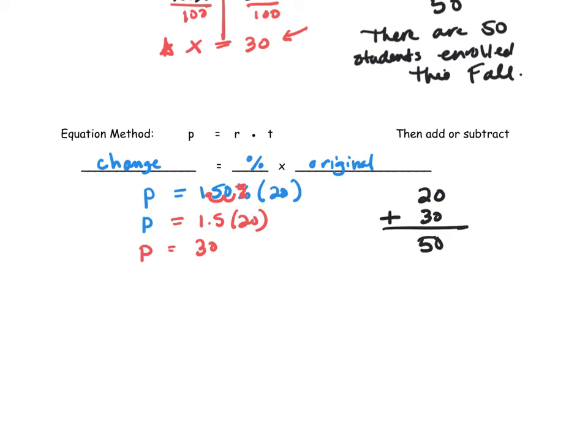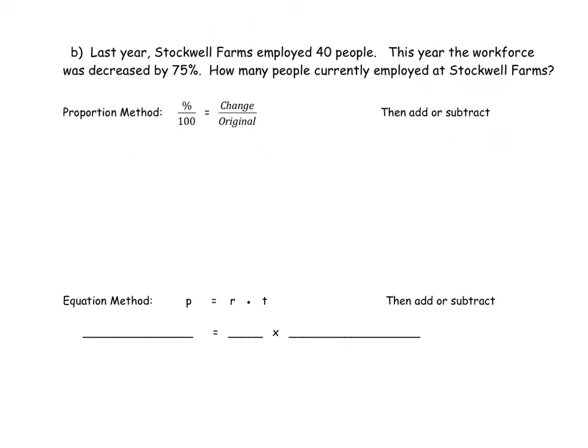So let's look at another situation like this again. Our next situation says last year Stockwell Farms employed 40 people. This year the workforce was decreased by 75%. How many people are currently employed at Stockwell Farms? So we have the proportion method and the equation method.